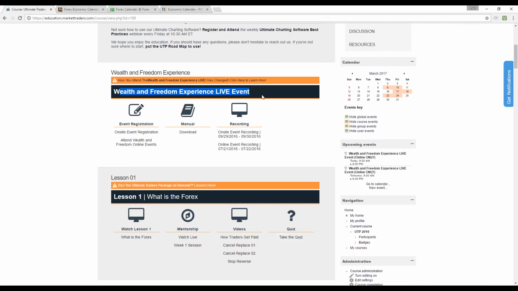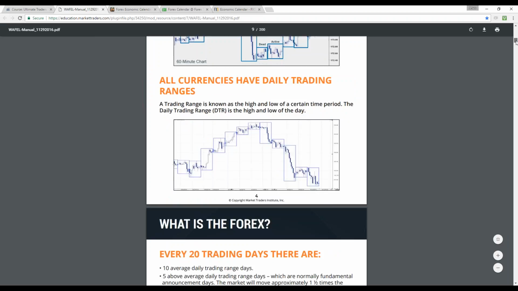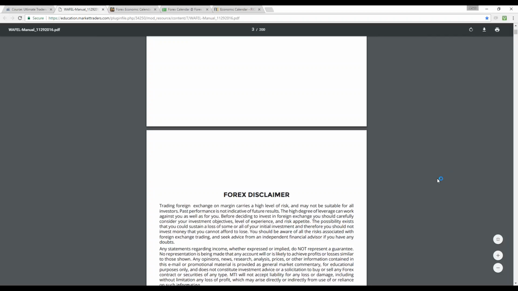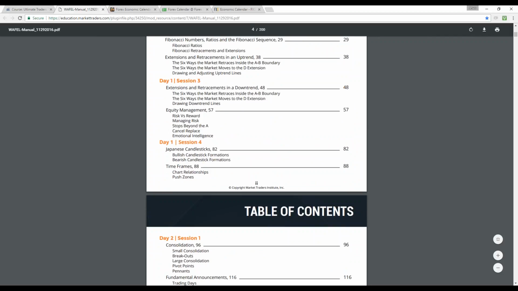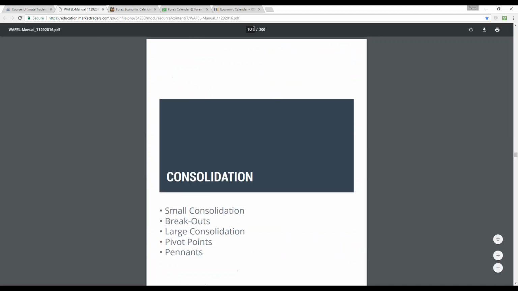Then under the Wealth and Freedom Experience live event, which will be taking place today and tomorrow if you're interested, click on the download, on the manual for downloads, and then under the table of contents, let's look for consolidation, and you'll find it at page 96, which if you use the PDF file should be about 101.